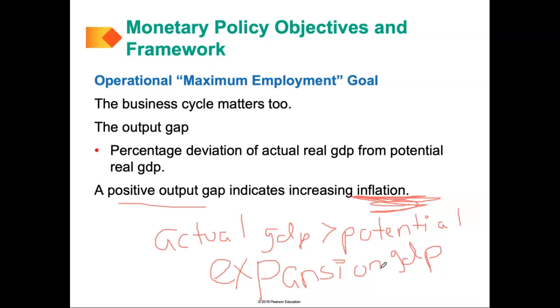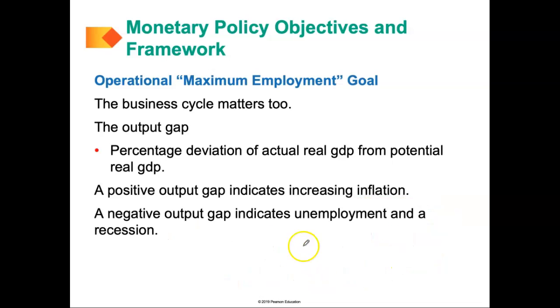Okay, and in that sense, it causes an increase in inflation. And also, we have a negative output gap, which indicates a recession and falling inflation. That is when actual GDP is less than potential GDP.